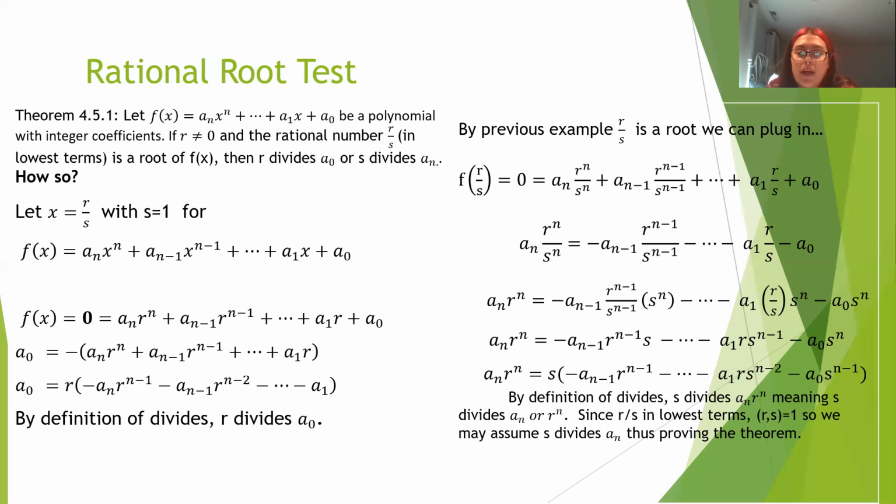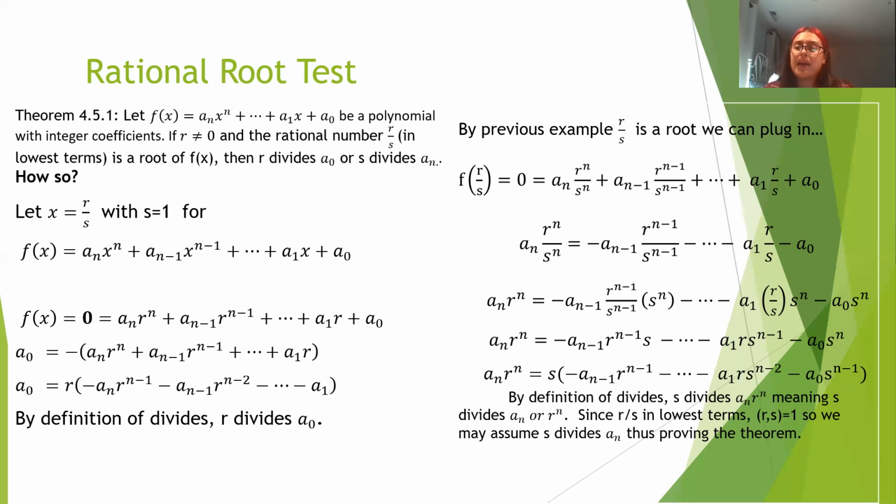And by multiplying all the terms on both sides by s to the n, we get a sub n r to the n equals negative a sub n minus 1 times r to the n minus 1 over s to the n minus 1 times s to the n, and it's subtracted until negative a sub 1 times r over s times s to the n, minus a sub 0 s to the n.